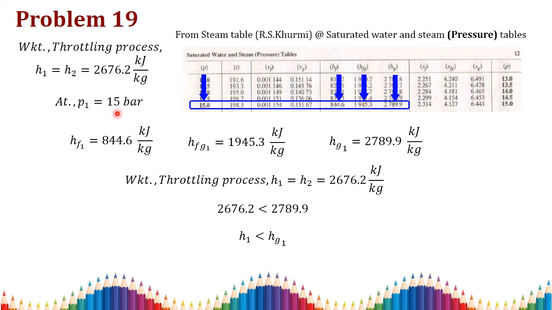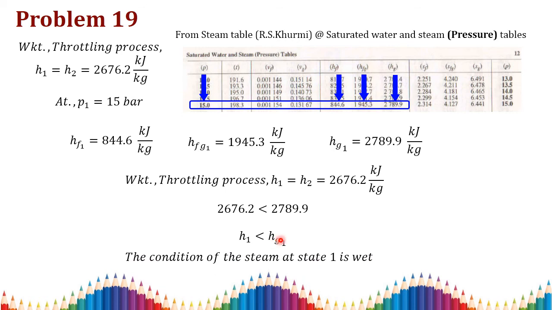At P1 is equal to 15 bar, 2789.9 is your Hg value. Compare this with your H1 value: H1 is equal to H2, which is 2676.2, and that is lesser than 2789.9, so H1 is lesser than Hg. So the condition of the state is wet here.